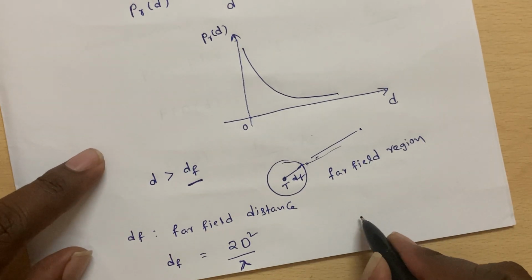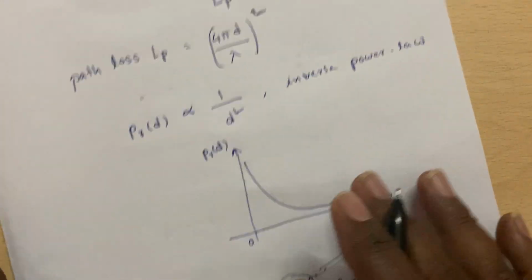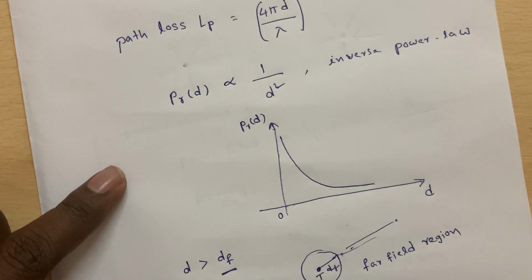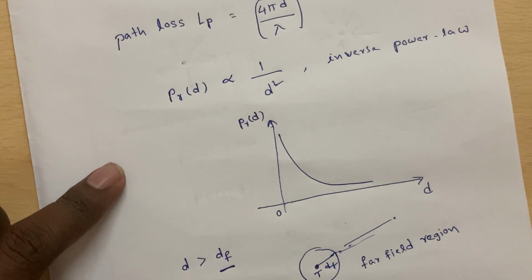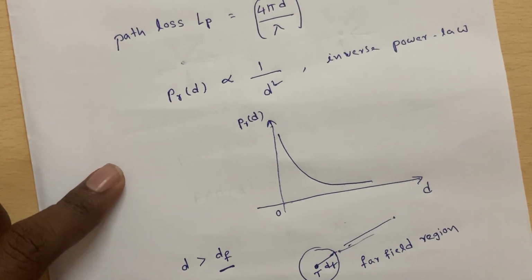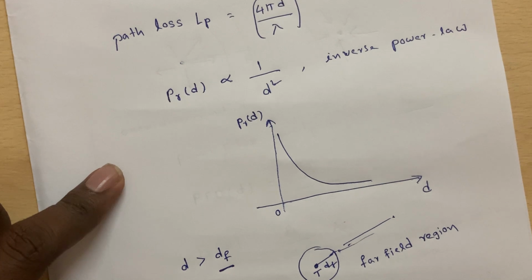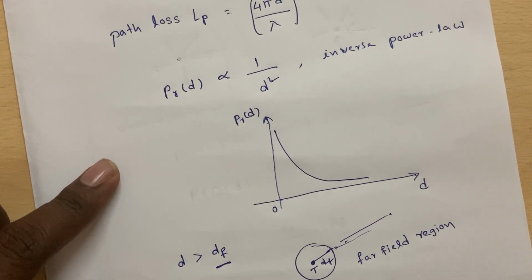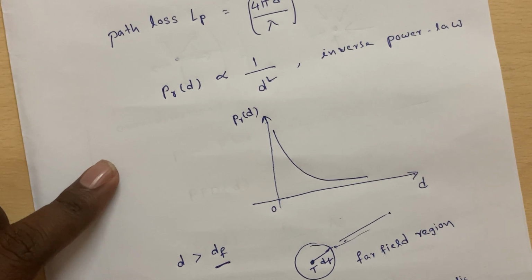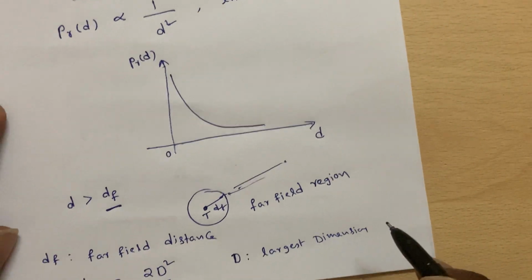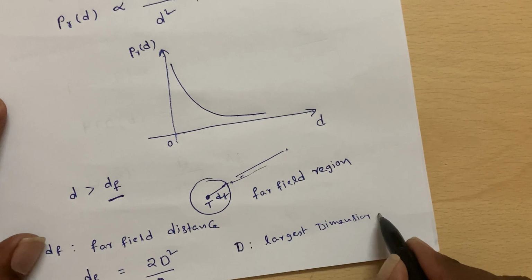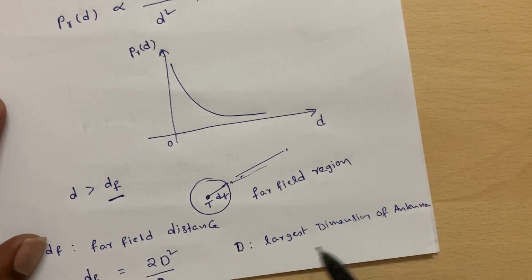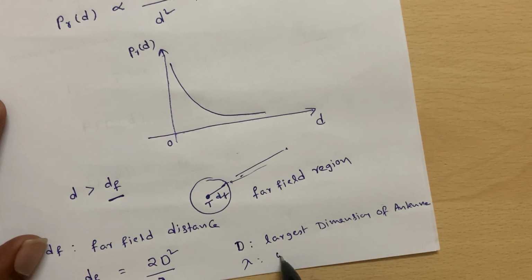Those distances which are greater than df, for them only you can use this equation. Here capital D is the largest dimension of the transmitting antenna, and lambda is the wavelength.